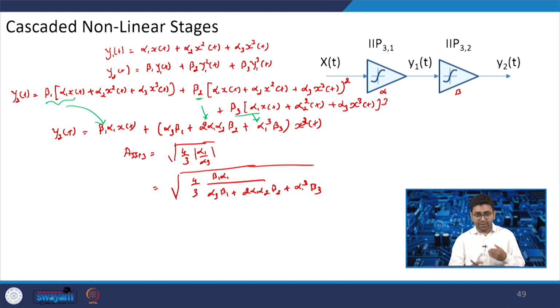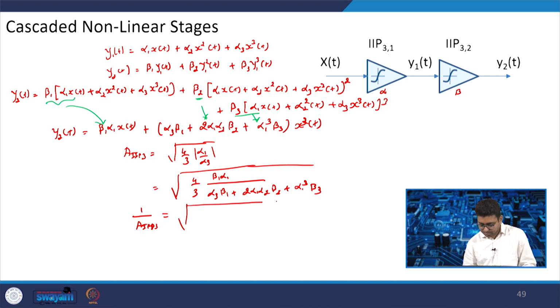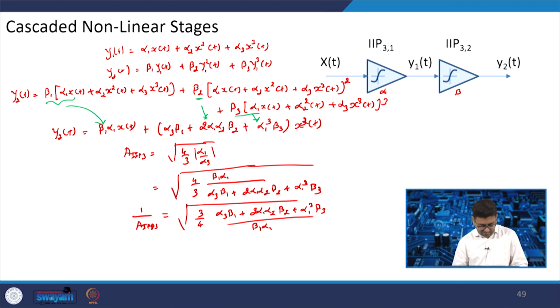If we do the inverse of this, 1 by AIP3 is equal to, you can write, 3 by 4 alpha 3 into beta 1 plus 2 alpha 1 alpha 2 beta 2 plus alpha 1 cube beta 3 by beta 1 into alpha 1.